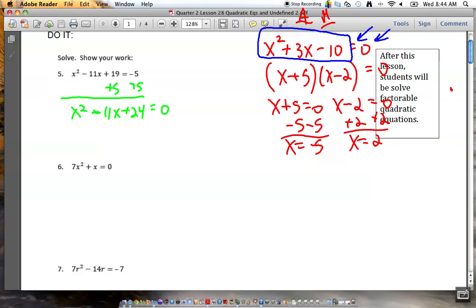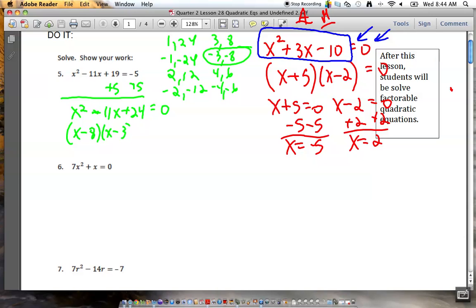In the beginning, it is extremely important that students write down the factors of 24: 1 and 24, -1 and -24, 2 and 12, -2 and -12, 3 and 8, -3 and -8, 4 and 6, -4 and -6. Then you ask which of these add up to -11. It's these two, so my factors have to be x minus 8 and x minus 3 equals 0.